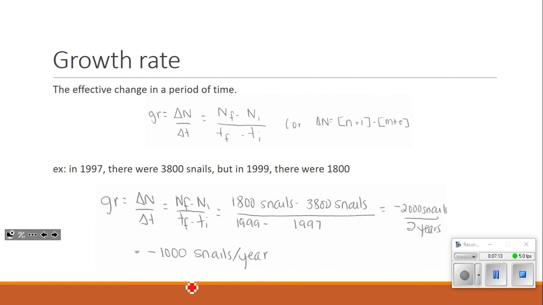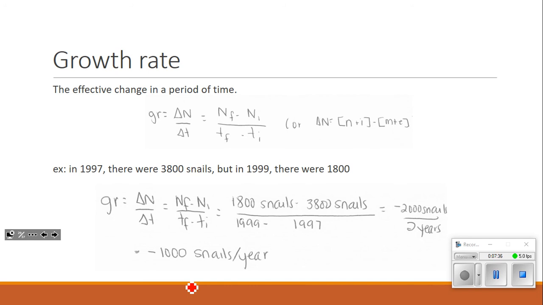So up here, where I'm trying to find delta n, I might do final minus initial population size, right? N is the size of the population, F means final, little I means initial. Or I might find delta n the way that I just showed you. Either way is acceptable, and it'll really just depend on the context of the question.